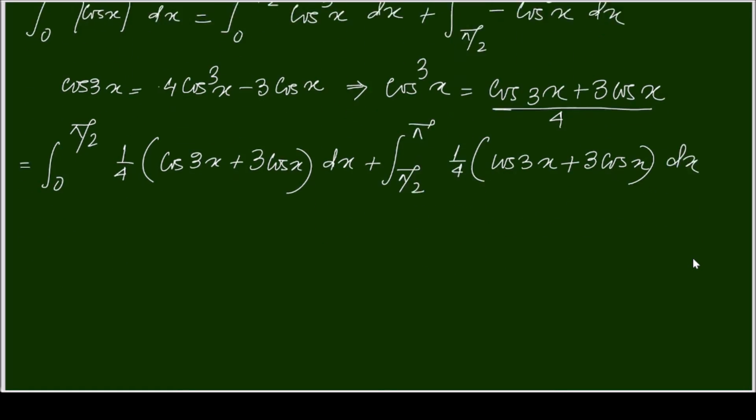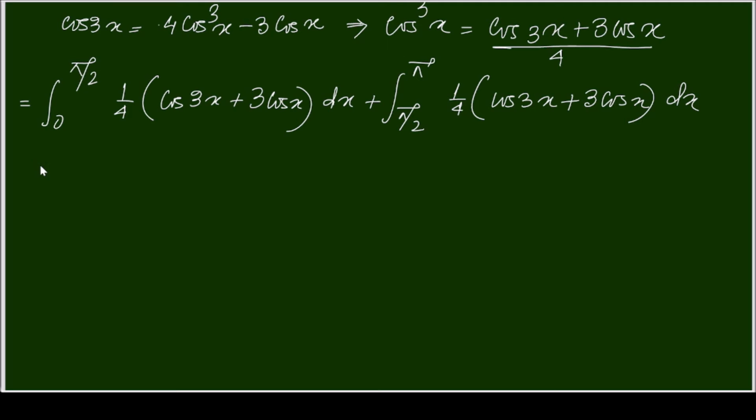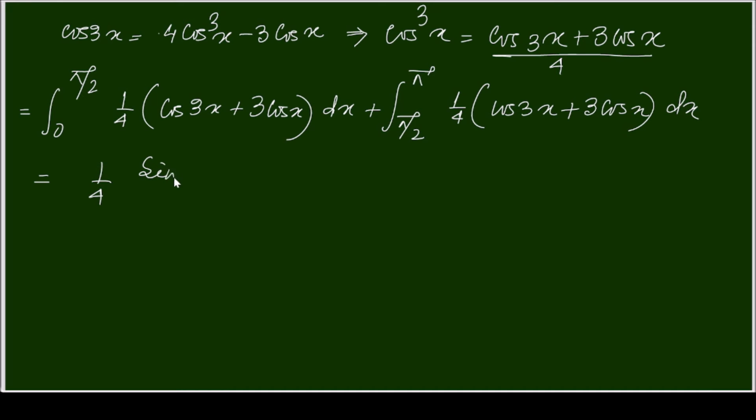Next, to apply the integral, the integral of cos 3x is sin 3x by 3. So this will be 1 by 4 (sin 3x over 3 plus 3 sin x) from 0 to pi by 2.